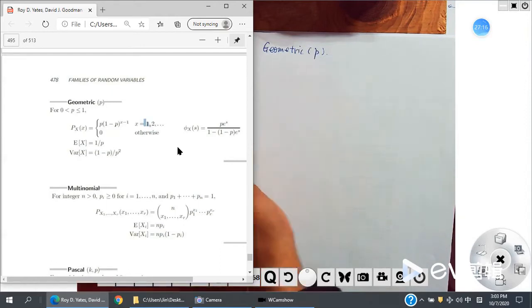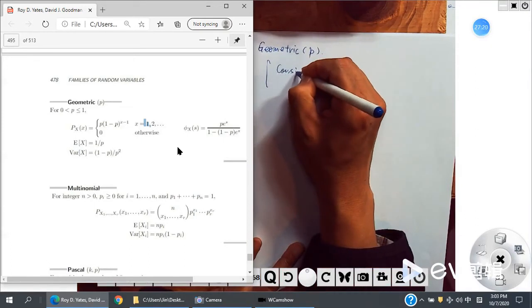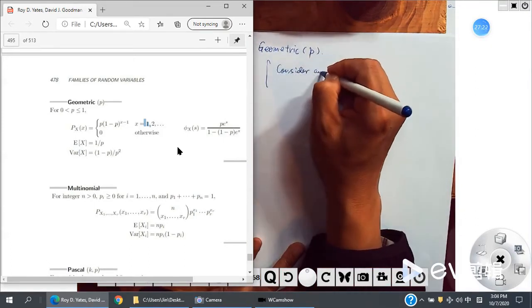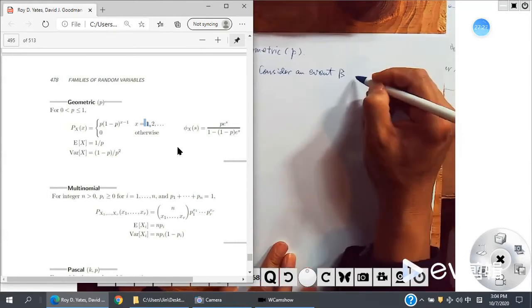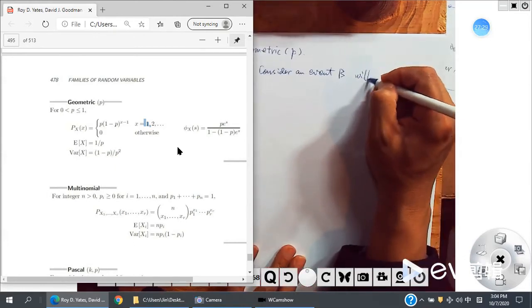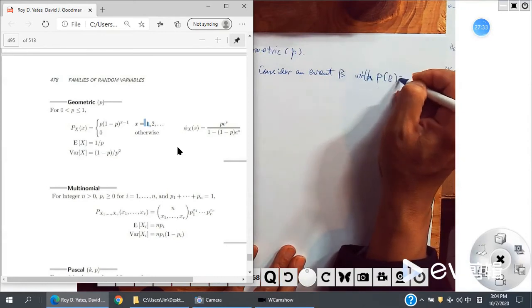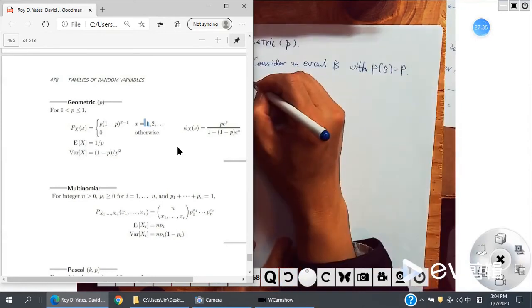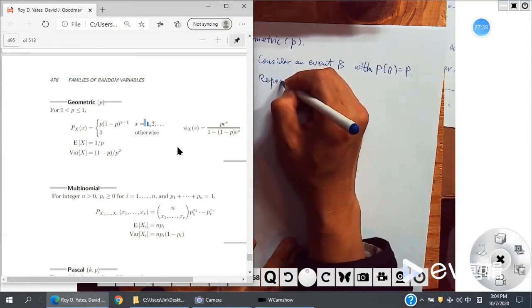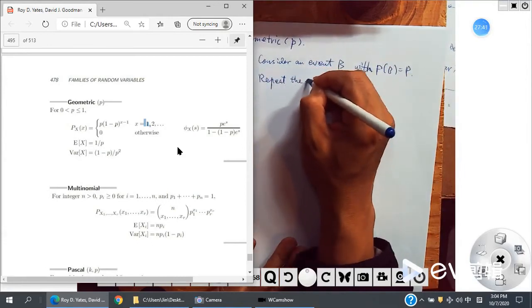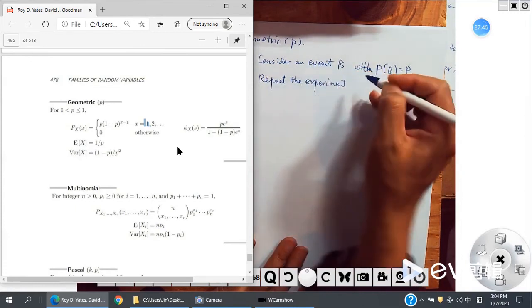And in general we can say like this. Consider an event B with probability equal to P, and you repeat the experiment independently.